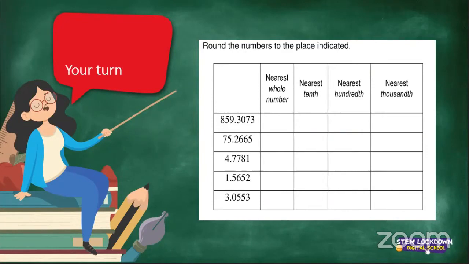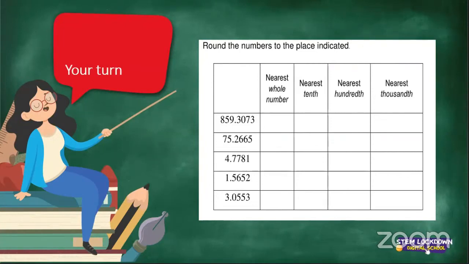So let us move on to the nearest 100. Thank you so much. Thank you, Zano. 75.27.